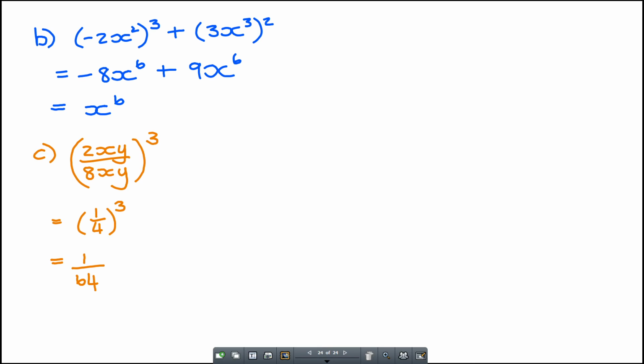Maybe some of you said 8x to the power 3, y to the power 3 over, how much is this? And then it still gives you 1 over 64.